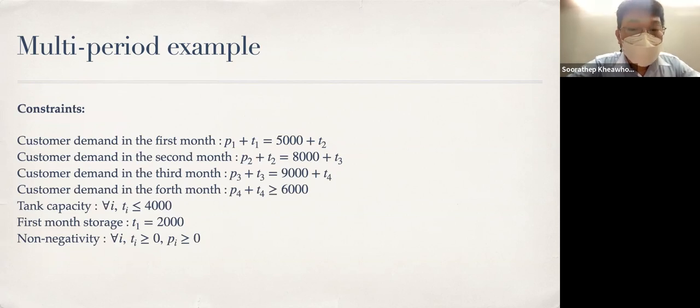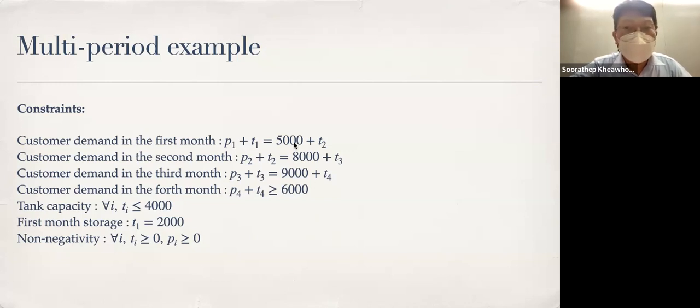So now we look at the constraints, the constraint on the storage tank first. We have T1, the amount of oil in the tank at the beginning of the first month, and we purchase P1, right? So P1 plus T1 must be equal to 5,000 plus T2.